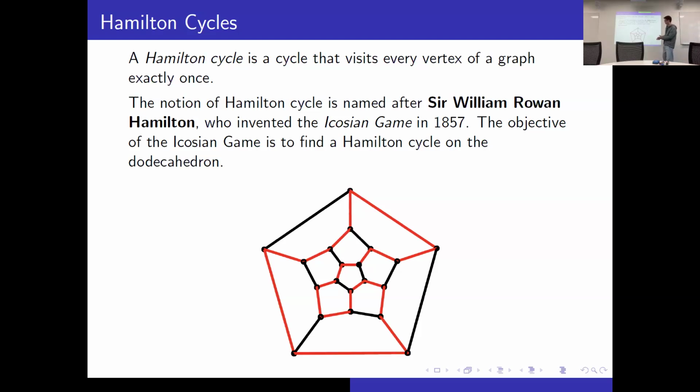For example, the first player is asked to first go for 5 vertices, for example, the first player can choose 1, 2, 3, 4, 5. Then the second player is asked to finish the Hamilton cycle.